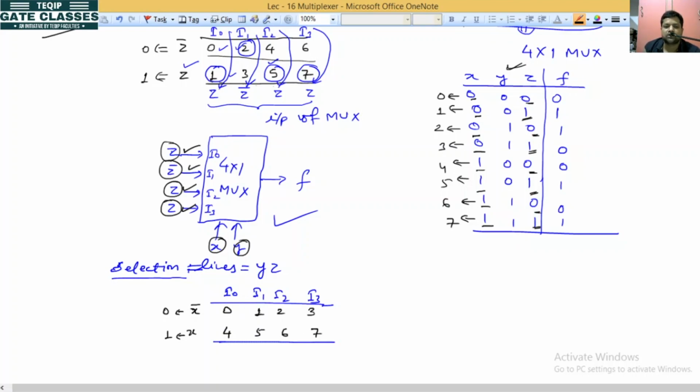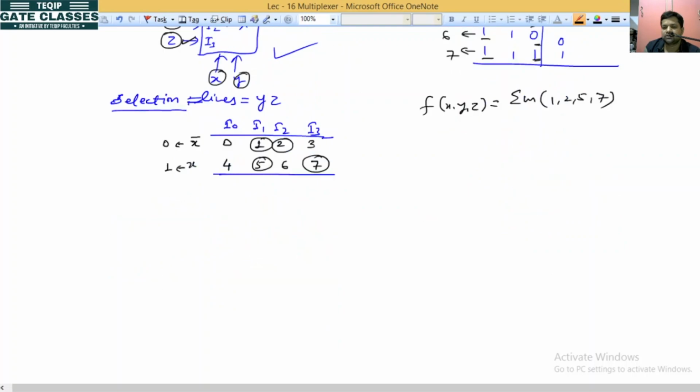Okay, so what will be the next step? The next step is our function. Our function is 1, 2, 5, 7. So if you want to implement it, circle 1, 2, 5, and here we have 7. You have to circle all these.